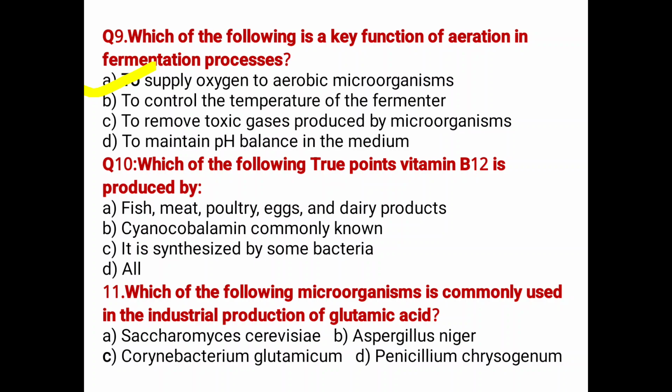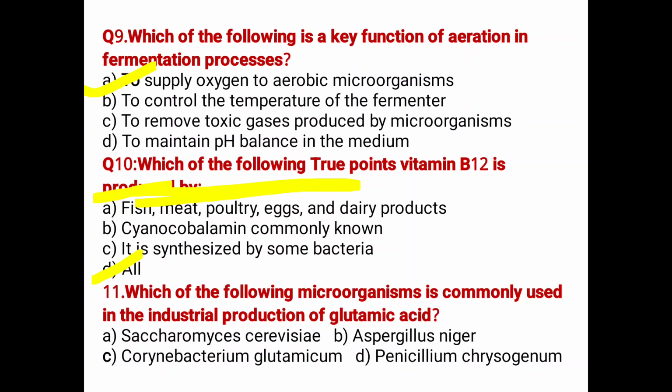Fish and meat are a source of vitamin B12, cyanocobalamin is its common name, and it is synthesized by some bacteria. So D is the correct answer. In production, it is prepared from bacteria.